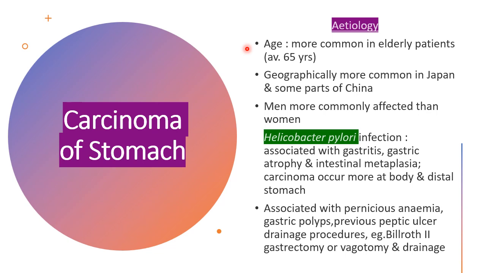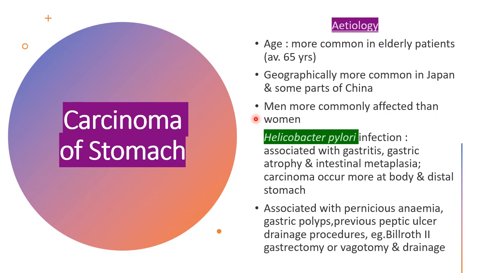It affects Asians more. It is geographically more common in Japan and some parts of Asia, especially China. The age group most susceptible to this cancer is elderly patients, average age 65 years. Men are more commonly affected than women.